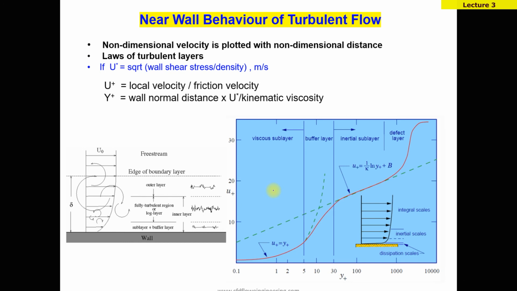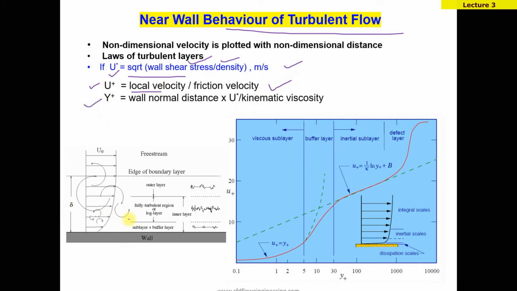The next important thing is near-wall resolution of the turbulent boundary layer. How is it calculated? You have to find the friction velocity, which is the square root of the wall shear stress divided by density. Using it, we can find the non-dimensional velocity u plus, equal to local velocity divided by friction velocity.